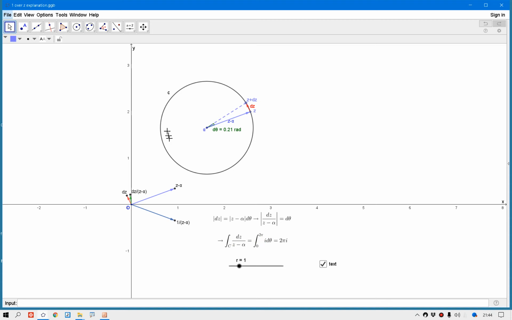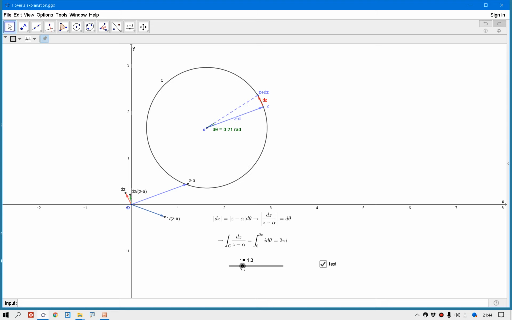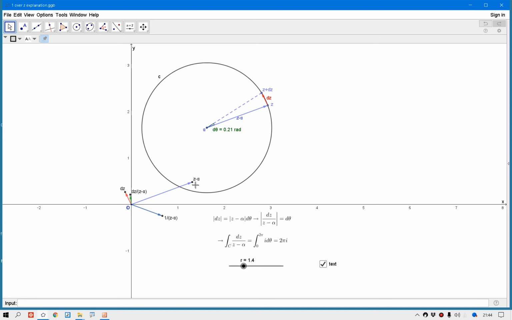So if C is a whole circle, and we integrate this over C, it is equal to the integral from 0 to 2 pi of i d theta, which is 2 pi i. And it doesn't depend on r. Now r equals 1, but if we increase r, the length of z minus alpha increases, but the length of 1 over (z minus alpha) decreases.